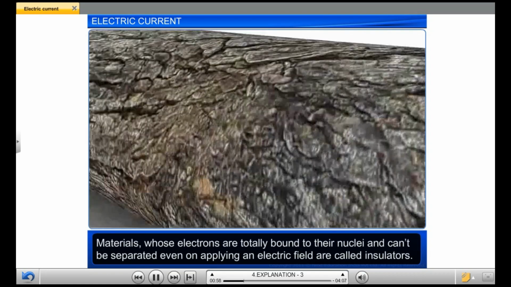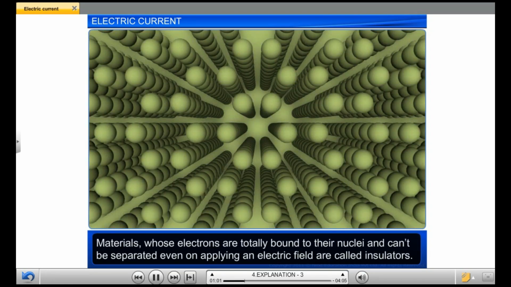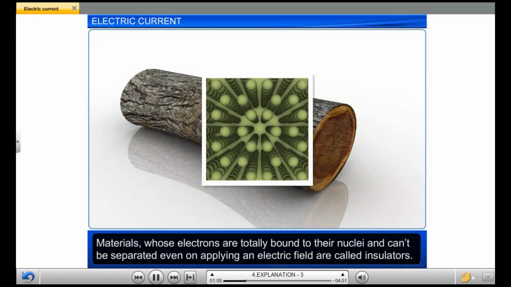There are some materials whose electrons are totally bound to their nuclei and can't be separated even on applying an electric field.